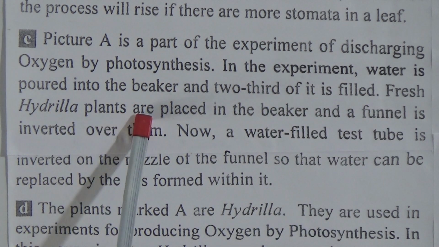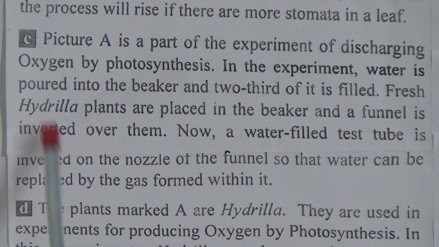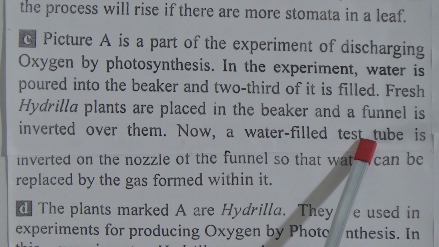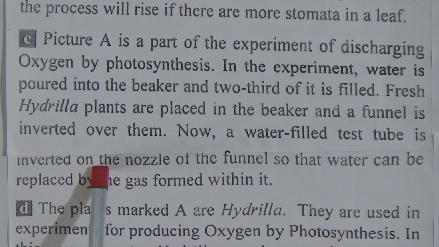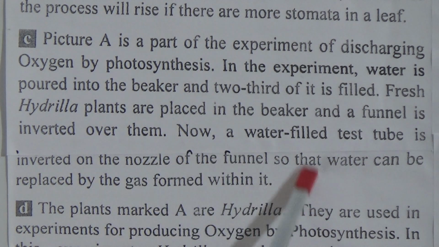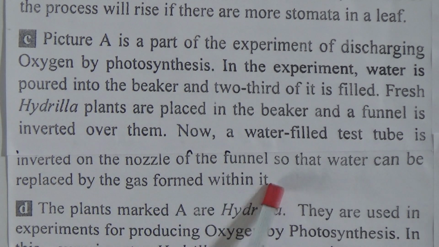Fresh hydrilla plants are placed in the beaker and a funnel is inverted over them. Now, a water-filled test tube is inverted on the nozzle of the funnel, so that water can be replaced by the gas formed within it.